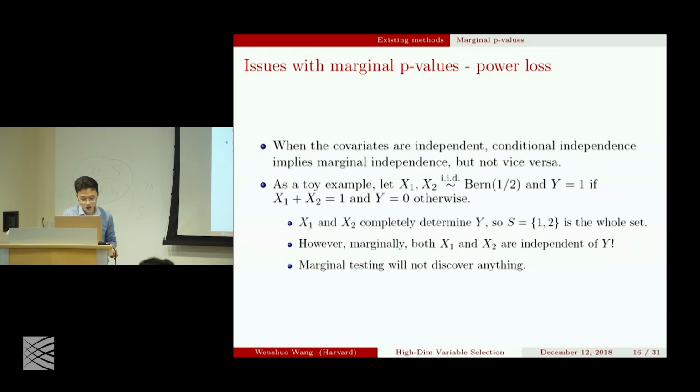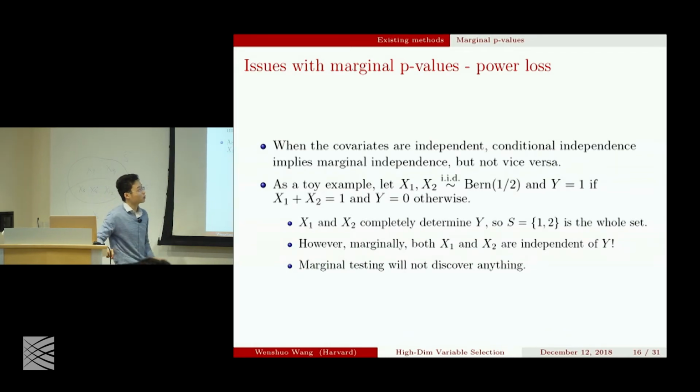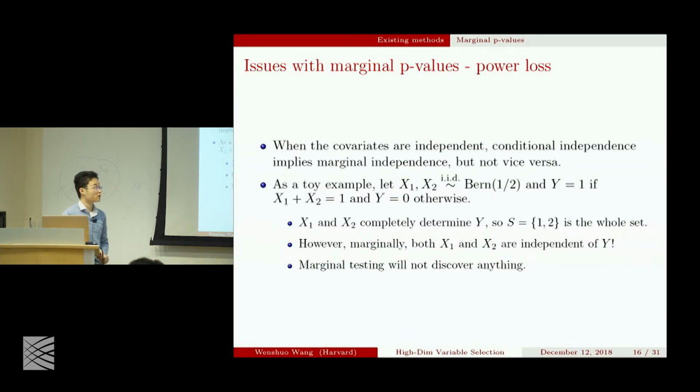And Y's response is 1 if x1 and x2 sum up to 1, and if not, then y is 0. So as you can see, x1 and x2 together completely determine y. So if you write down the distribution of y given x, that's going to depend on the whole set. So x1 and x2 are both true variables.